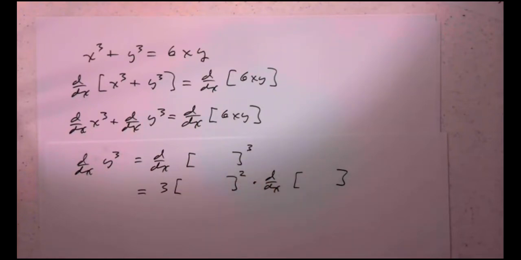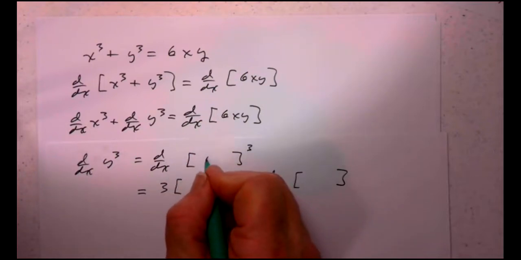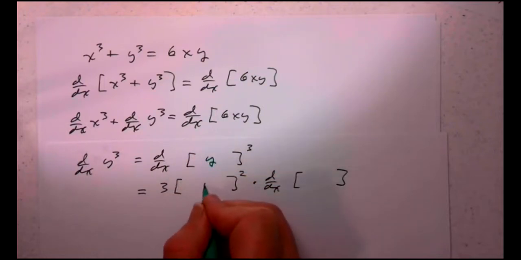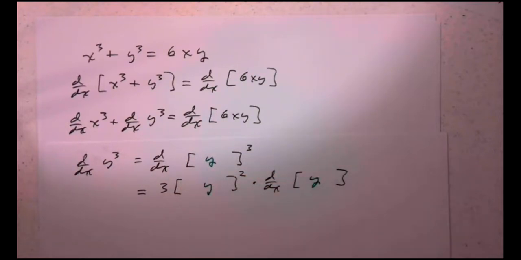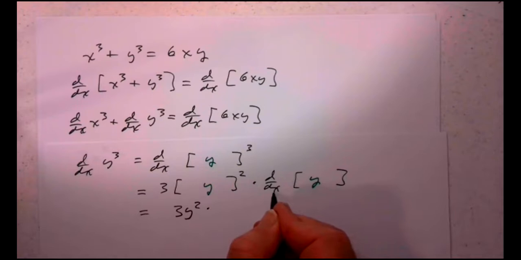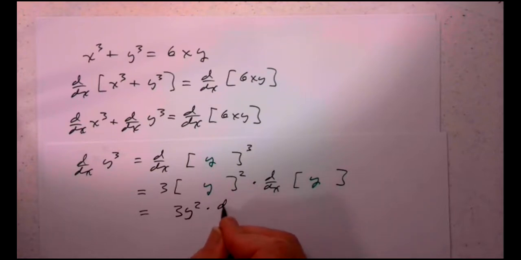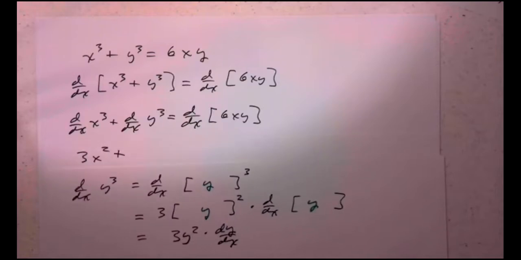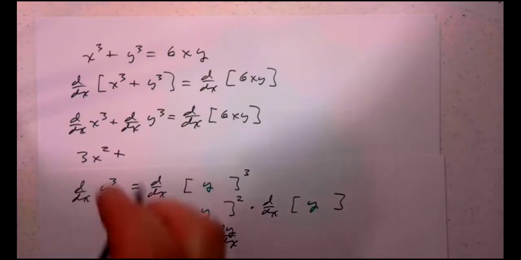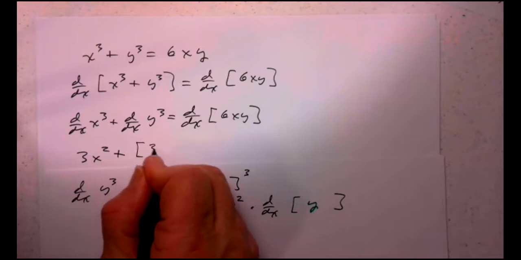But the something here is just y. So the derivative with respect to x of y cubed will be 3 times y squared times the derivative with respect to x of y. So we get 3y squared times dy/dx. That's what the derivative with respect to x of y cubed is: 3y squared dy/dx.